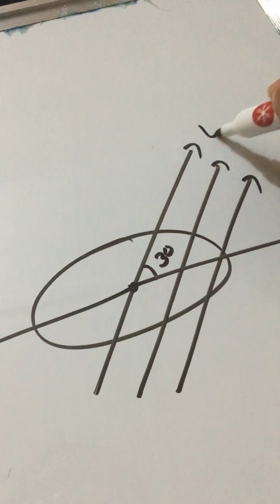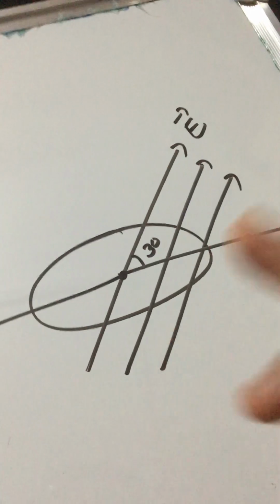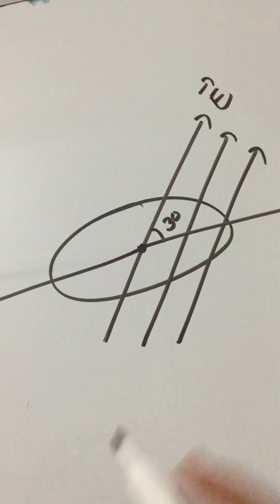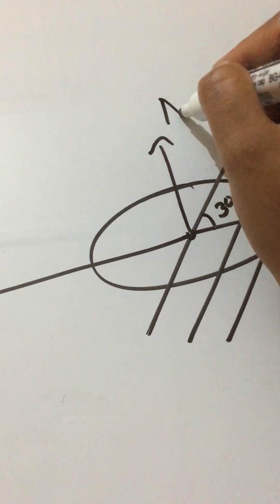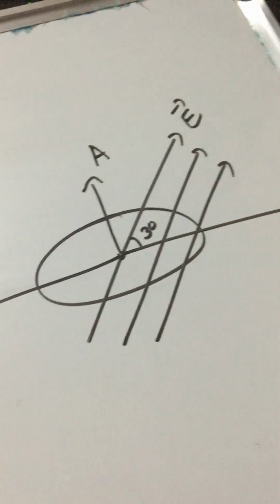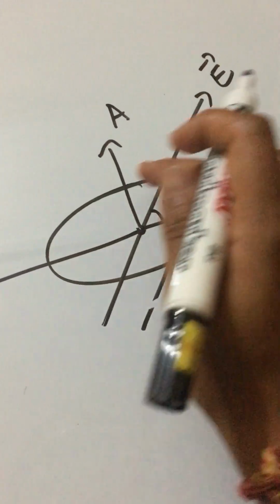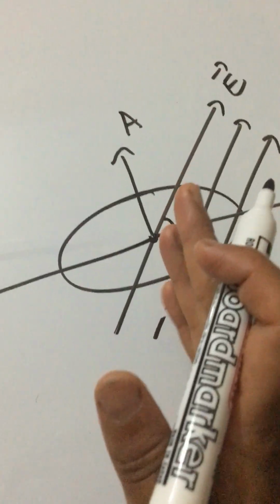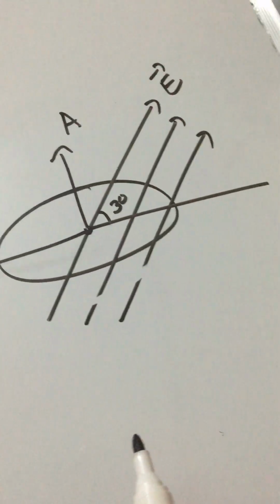Okay, this is the direction of electric field. Then what is the direction of the area vector? Can you see? The direction of area vector is across here, perpendicular to it. This is a ring. The ring is in, let's say, the xy plane, and the area vector should be in the z direction, right?